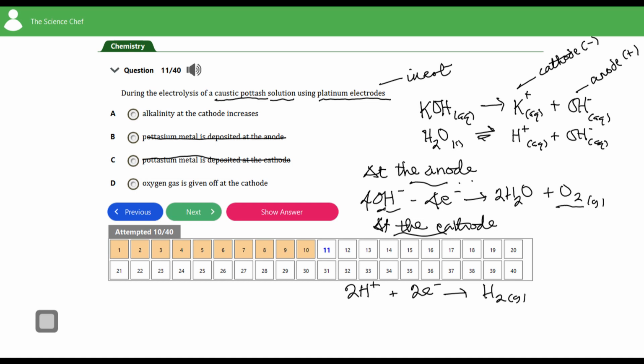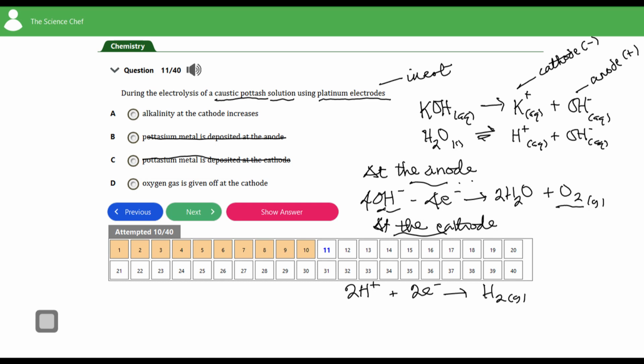The fact is that apart from hydrogen gas, any other product at the cathode is always a metal, always a solid, because the cathode is where you have the cations. And apart from hydrogen ion, which is the only non-metallic cation in the electrochemical series, every other cation there is metallic, of course, apart from ammonium ion, but ammonium is not part of the electrochemical series considered in this case.